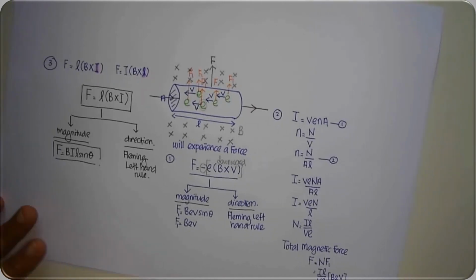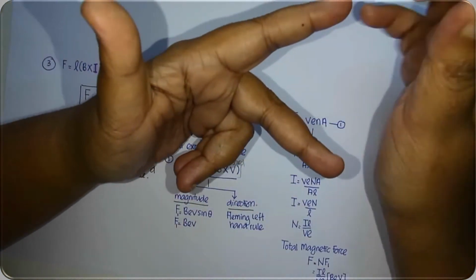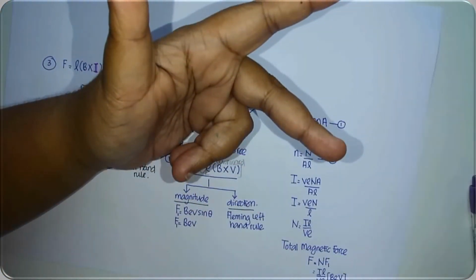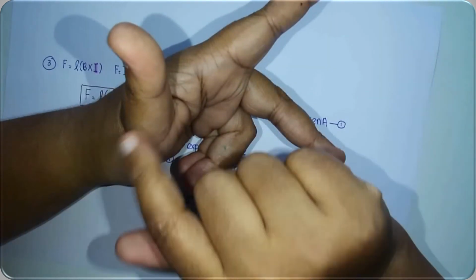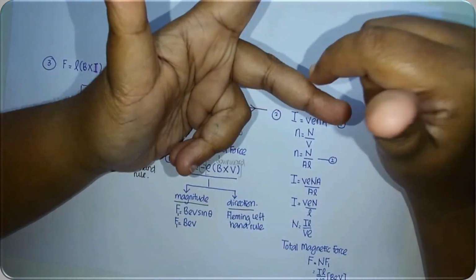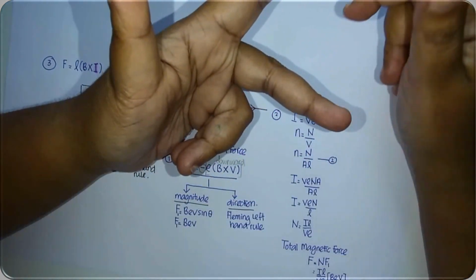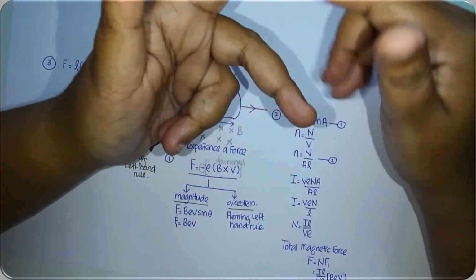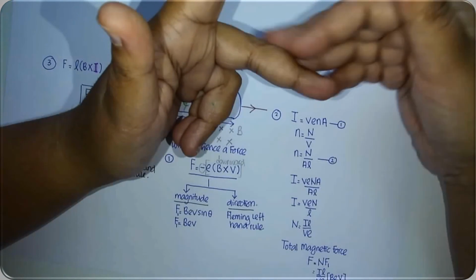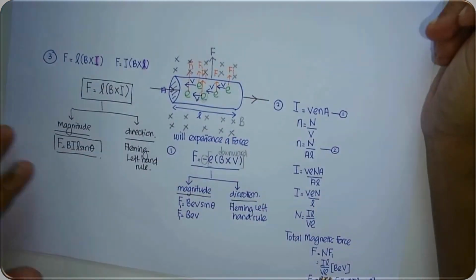Again, let me explain Fleming's left-hand rule, FBI. F, the thumb, represents the direction of the force. B, the first finger, is the direction of the magnetic field, and I, the second finger, is the direction of the current.